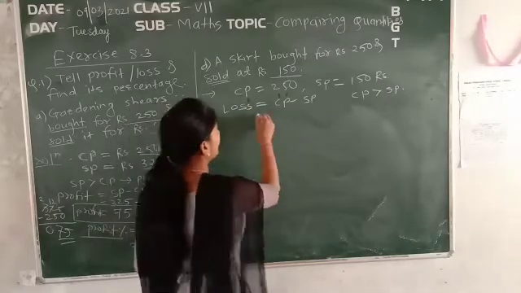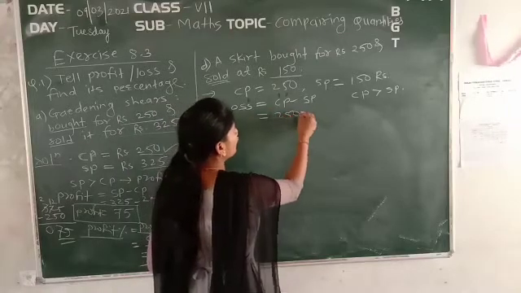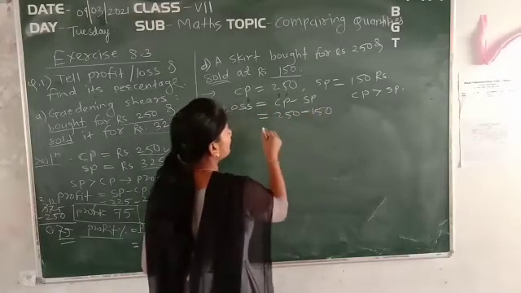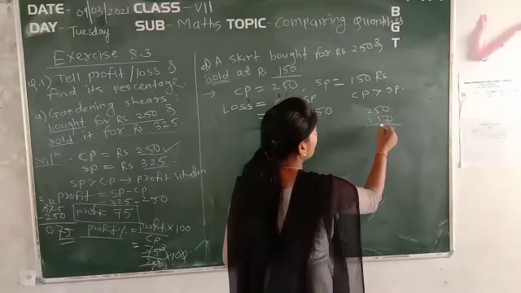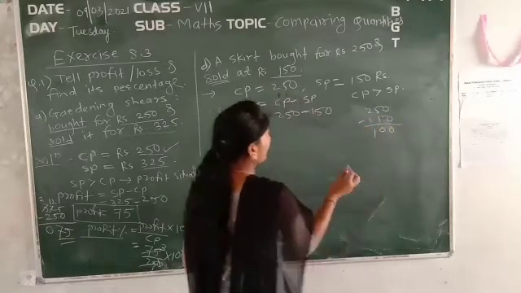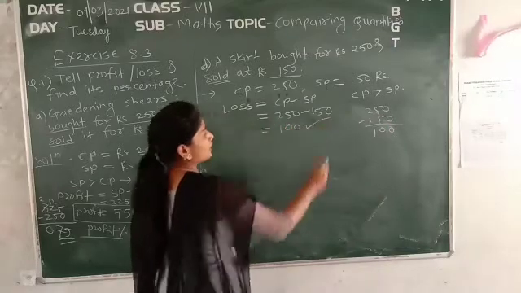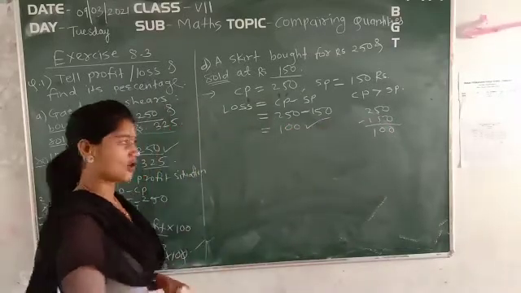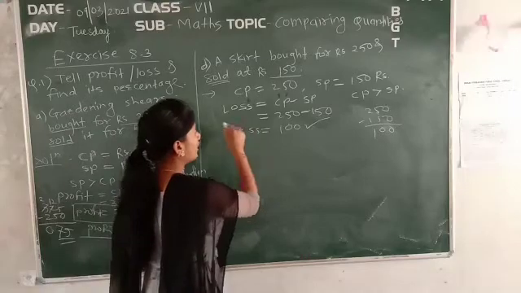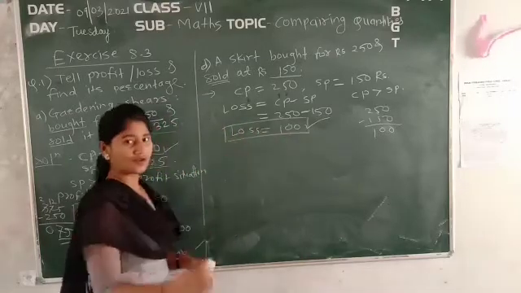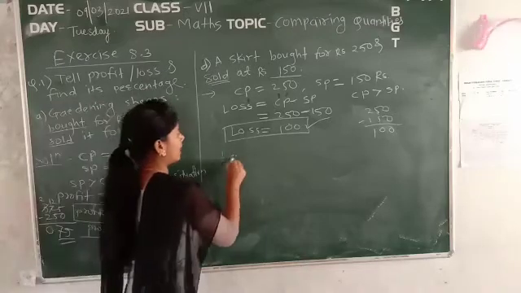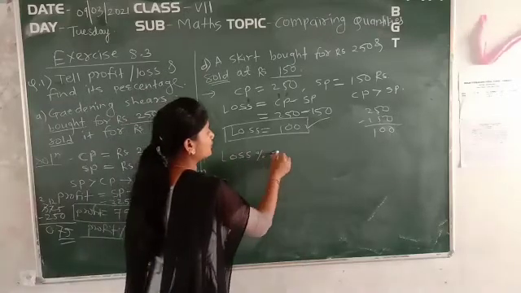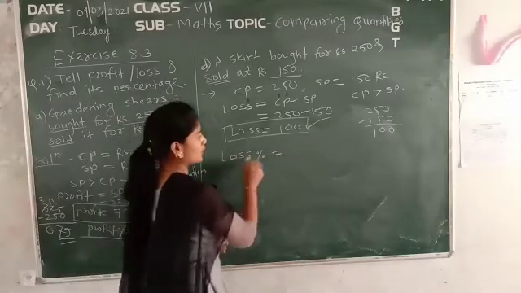Okay, so what is the CP? 250. 250 minus 150. So how much will it be? 0, 0 and this is 1. It means 100 only. Okay, so it is nothing but your loss. But still what you have to find out? Its percentage. So finally you have the formula. Loss percent is equal to, what is loss percent?